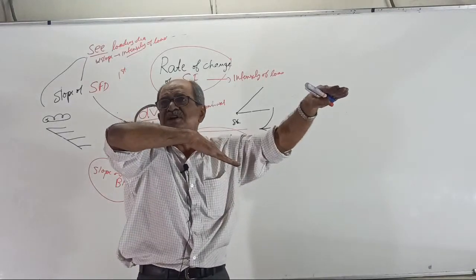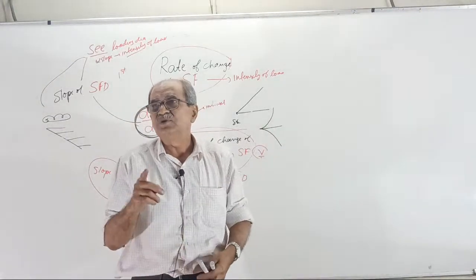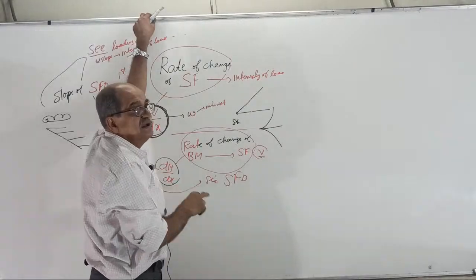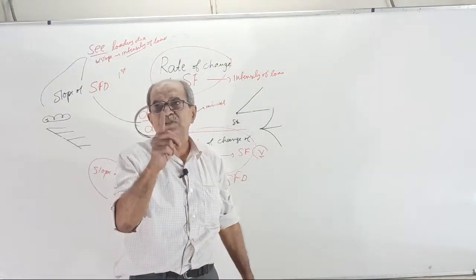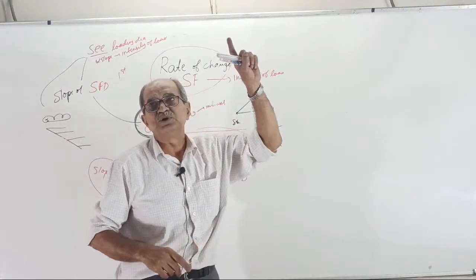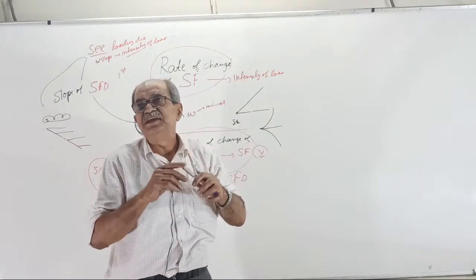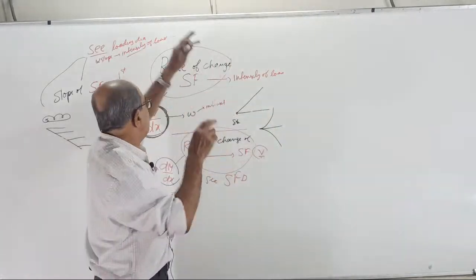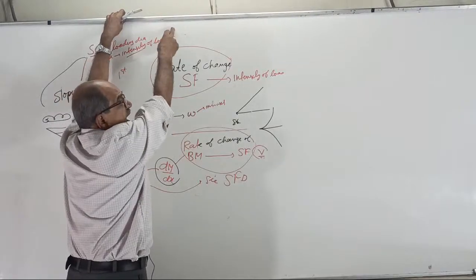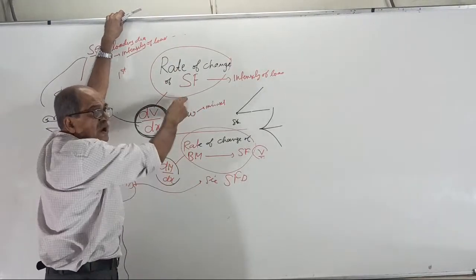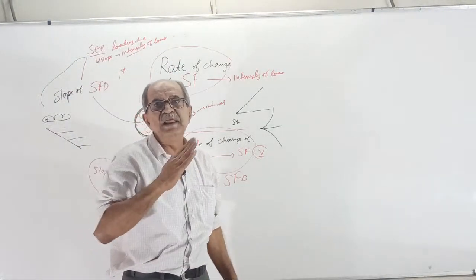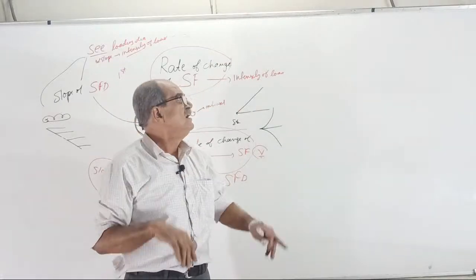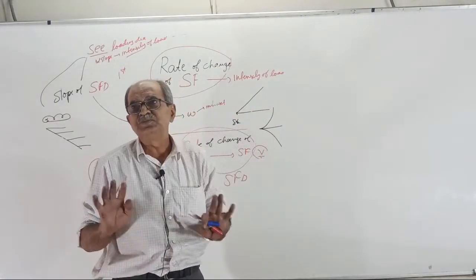Linear means slope is constant. So you draw the curve by observing the shearing force diagram. For shear force slope, see the loading diagram. For BM slope, see the shear force diagram. If shear force increases, slope should increase. If shear force decreases, slope should decrease.